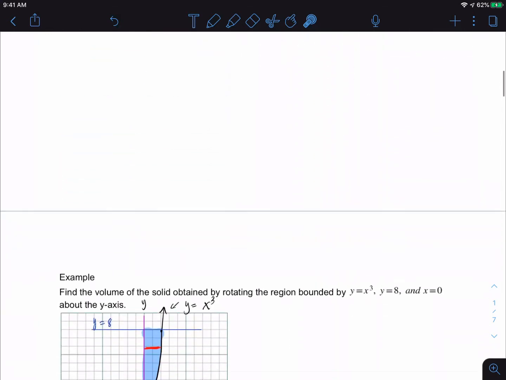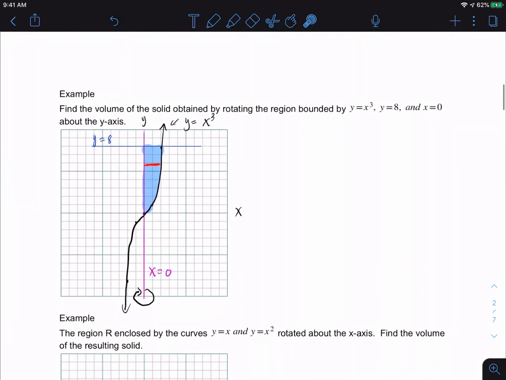So going back to our next problem, we're rotating about this axis here. Is there a gap in that shaded blue region? What do you guys think?